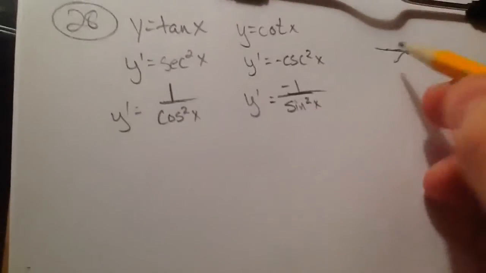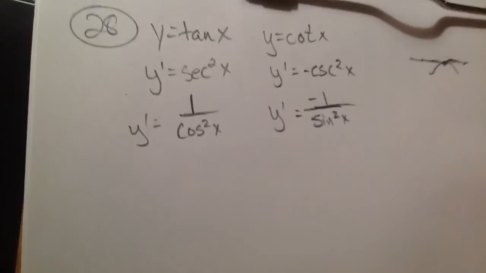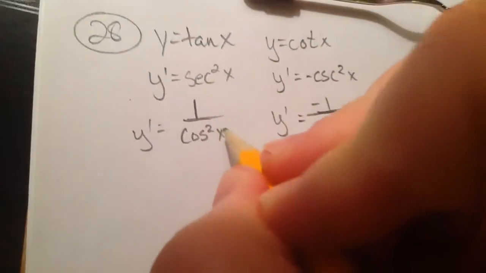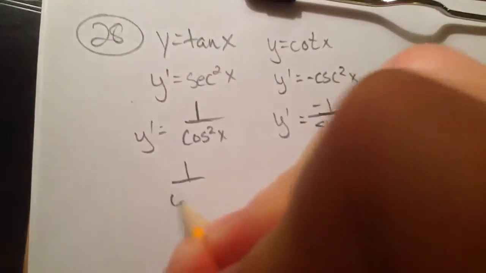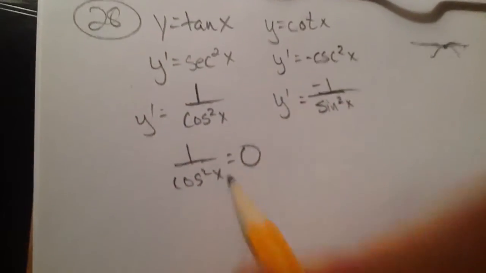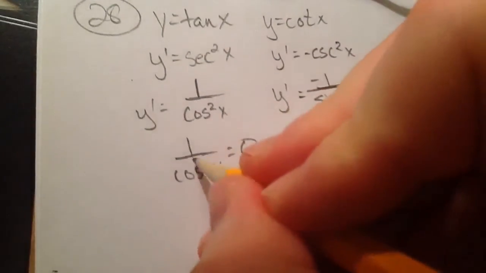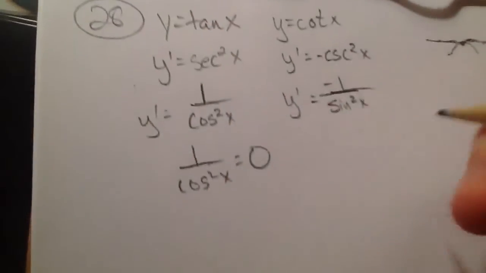So a horizontal tangent occurs when the derivative equals 0, right? So what could you plug in for x to make that equal 0? And the answer is nothing. That can never be 0. Because no matter what you plug in, you're going to have 1 divided by something, can't divide by 0. Same thing here.